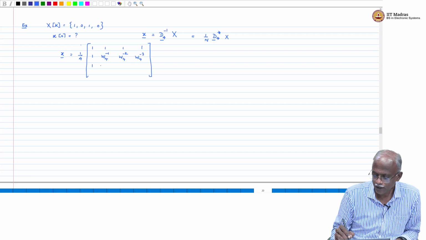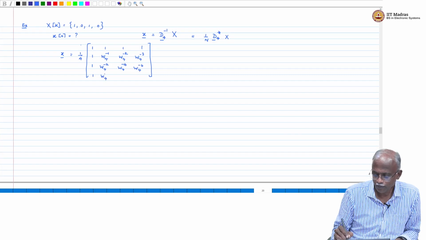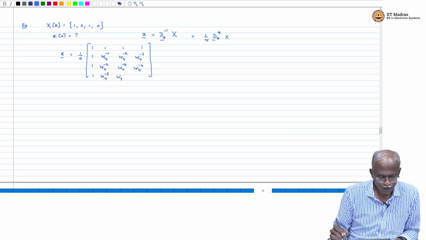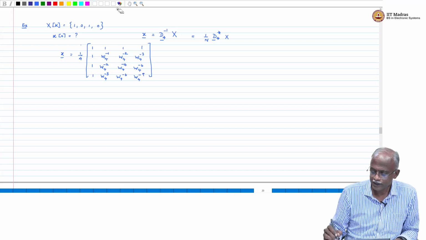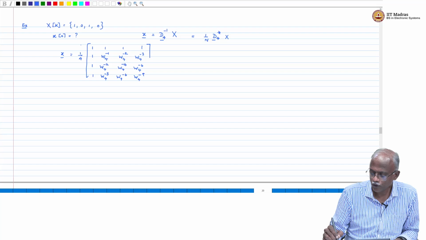Then you have 1, W4 minus 2, W4 minus 4 and W4 minus 6, and then finally 1, W4 minus 3, W4 minus 6 and W4 minus 9. I hope you are comfortable. This is the matrix that represents D4 conjugate.